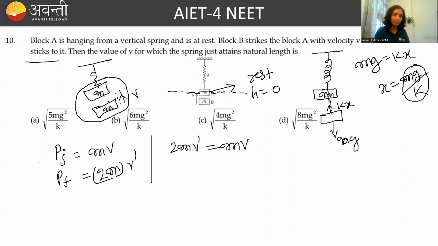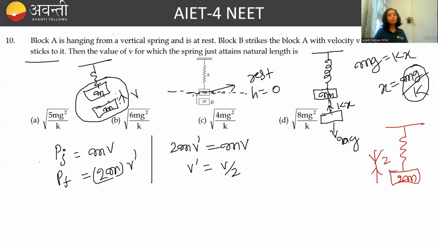You may say that the gravitational force is acting, but it acts equally on both masses, so that won't affect it. Now you see, the value of v dash is v/2. So just after the collision, the spring-mass system will start going up with velocity v/2.